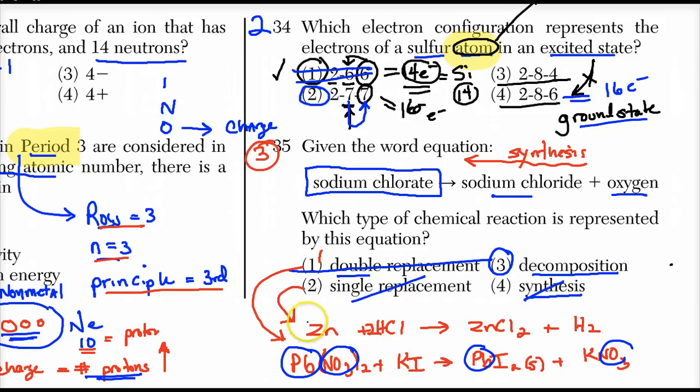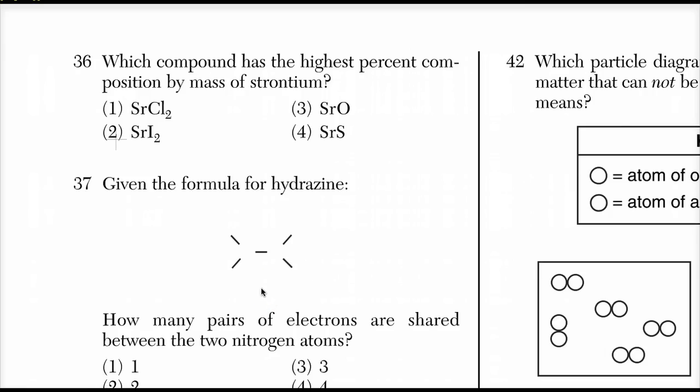Single replacement, double replacement. Number 36. Number 36, which compound has the highest percent composition by mass of strontium? Percent composition by mass. As you probably have done in your class, a percent is made by a what? A part over a total times 100. Table T will show you this.